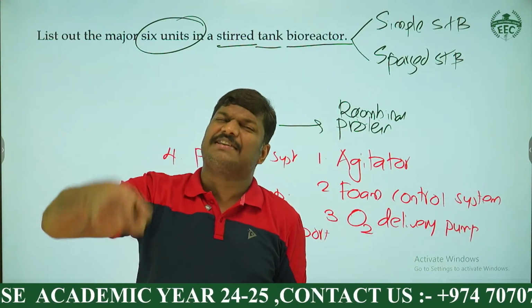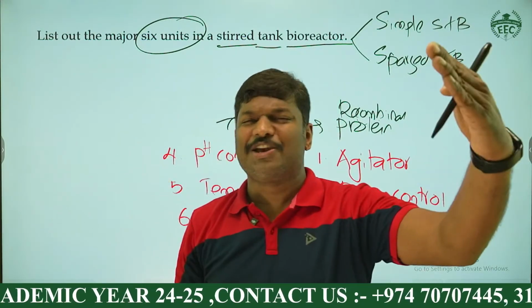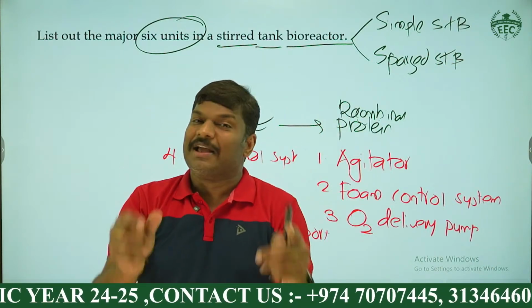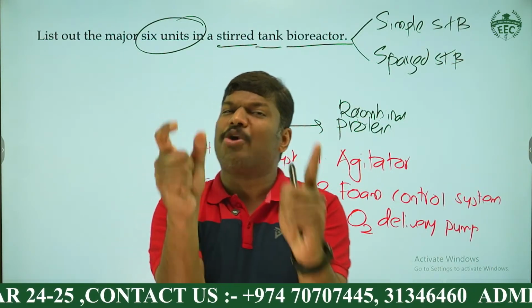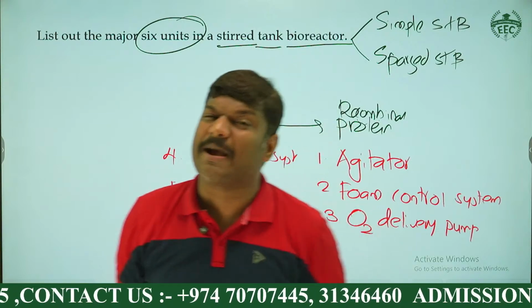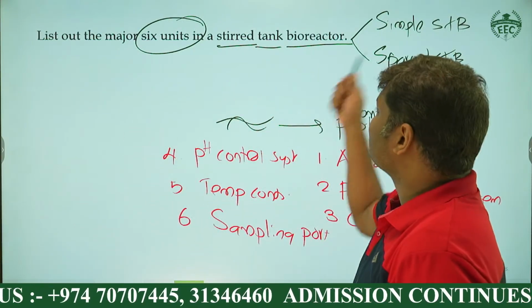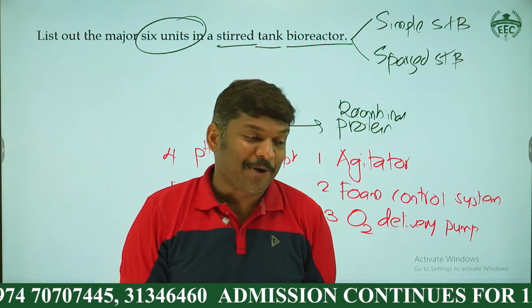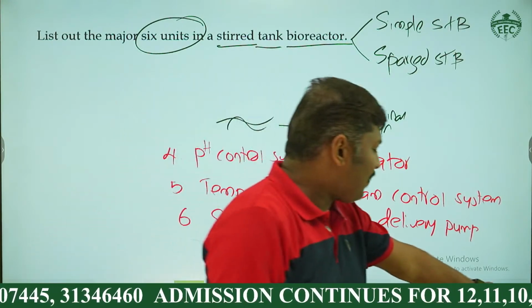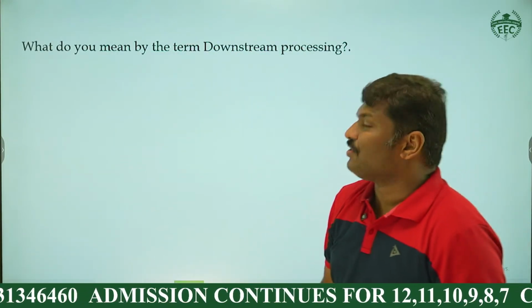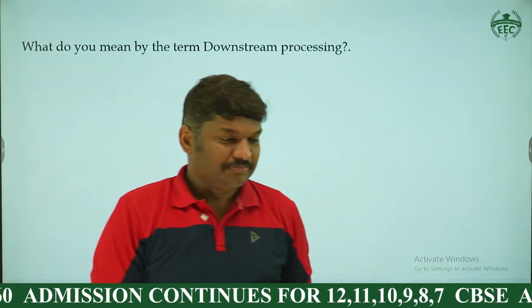Only after testing the sample only the process is continued, my dear student. And that is why there is a port required for taking the sample, that is called a sampling port. And these are the 6 units in stirred tank bioreactors.